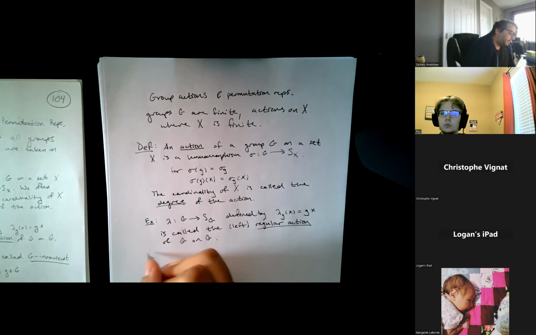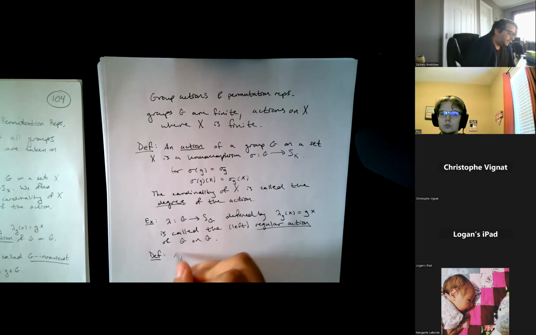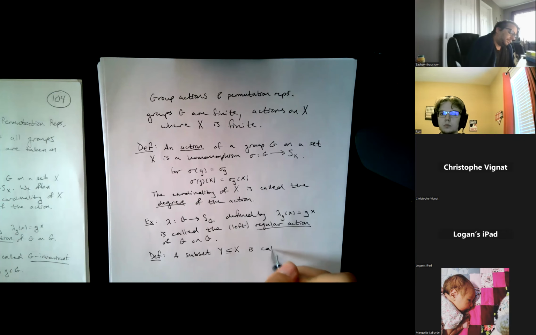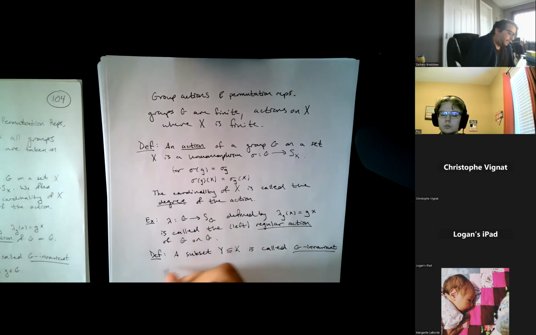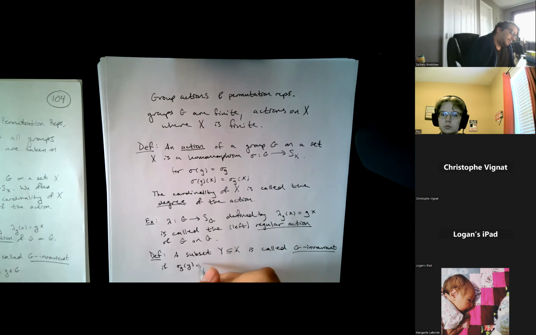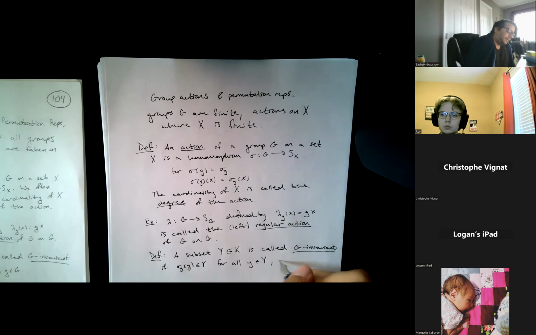Okay, so a subset Y and X is called G invariant if sigma G of Y is contained in Y, for all Y in the set Y and G in the group.